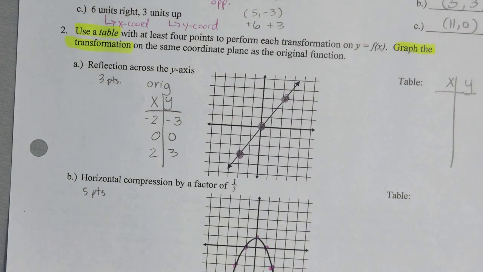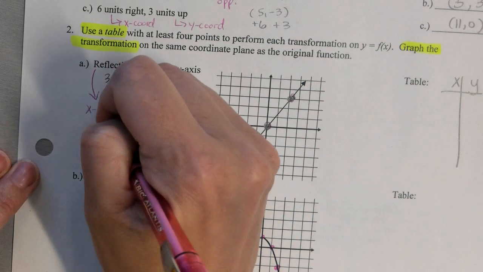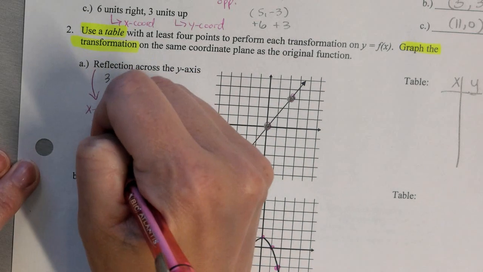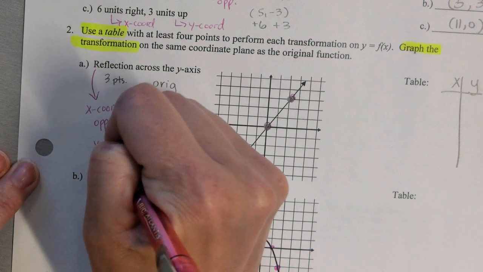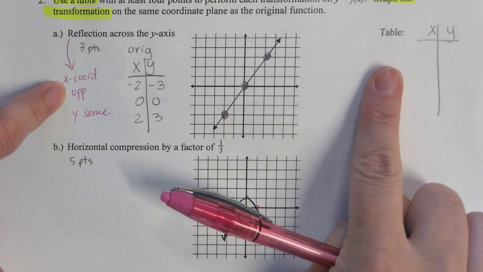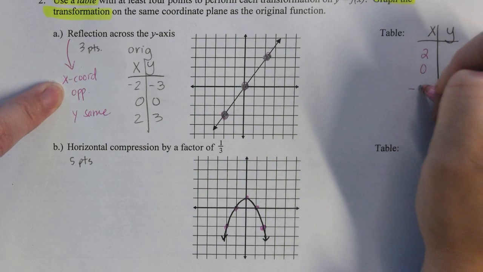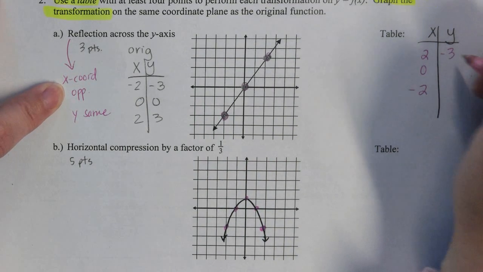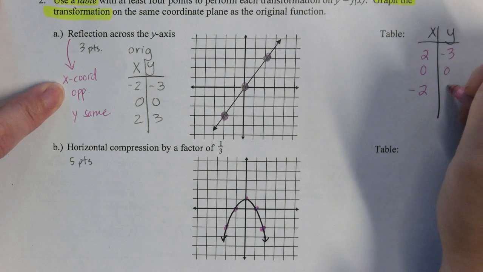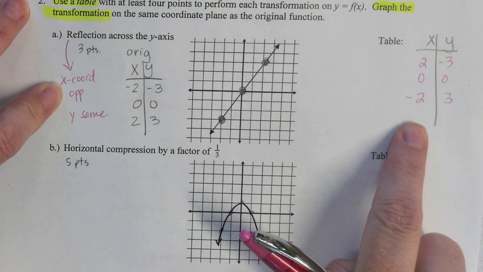Okay, so if it's a reflection across the y-axis, the x coordinates are opposite, y is the same. So for your table, I want to see your new points. So my x's become the opposite: 2, 0, negative 2. The y's stay the same: negative 3, 0, 3. Okay, so this is the table I want you to have here.